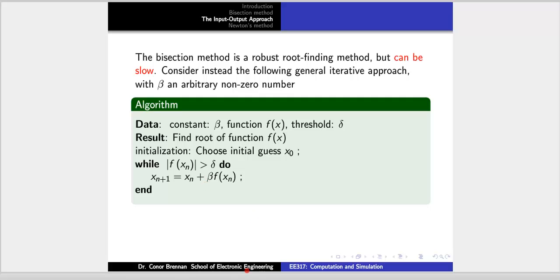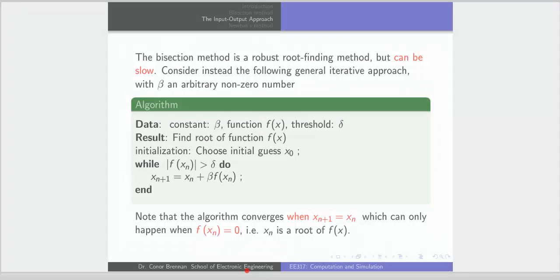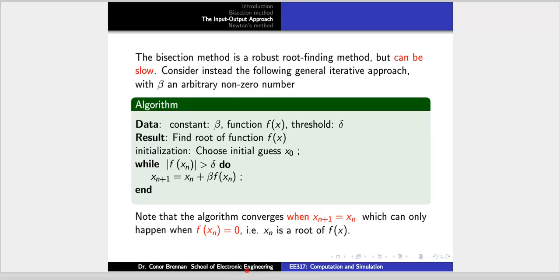Some of these work, some of these don't work. So let's try to work out why it may work, or indeed why it may not work. It's going to converge, it's going to give us a good answer, in the situation where f of xn gets closer and closer to 0, that is, xn gets closer and closer to a root.